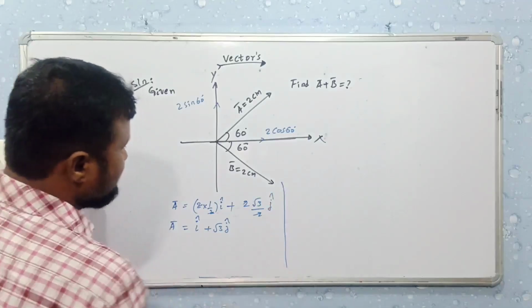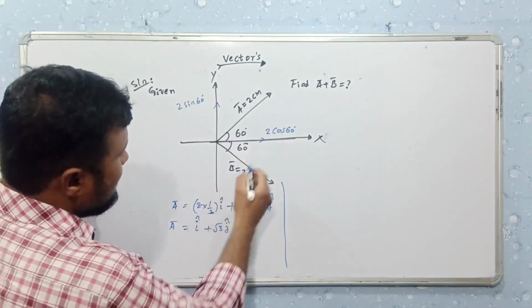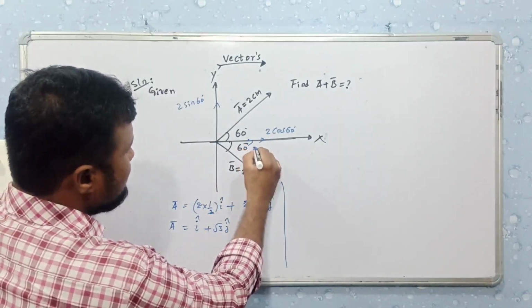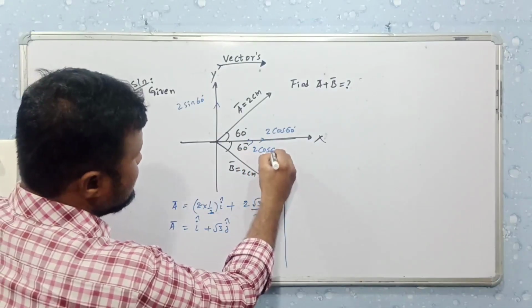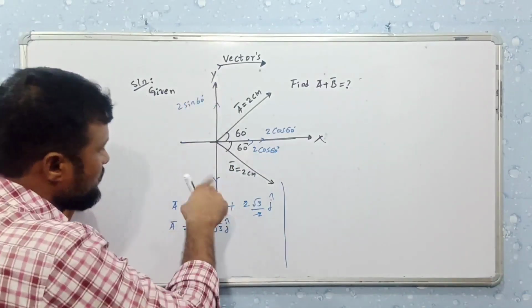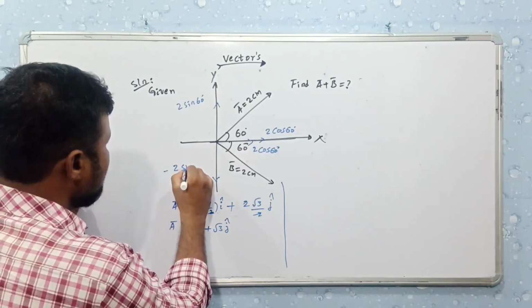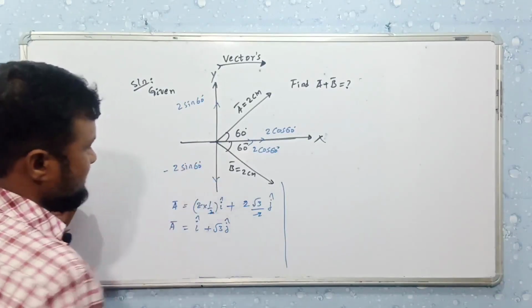Similarly, I split the B bar vector into two components. Along the x-axis 2 cos 60 degrees will come. Along the y-axis, that is the downward negative y direction, minus 2 sin 60 degrees.